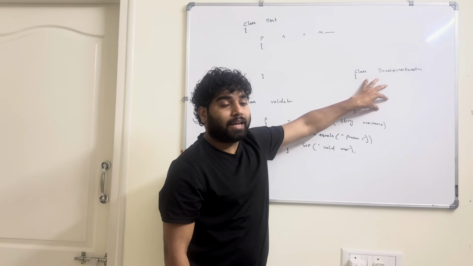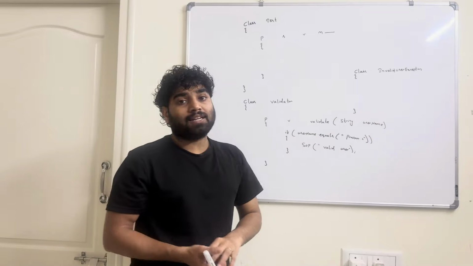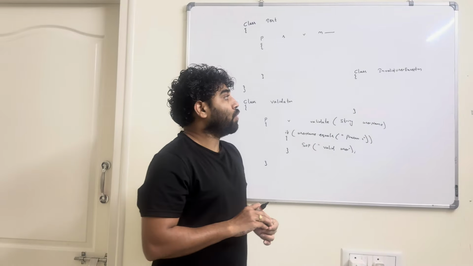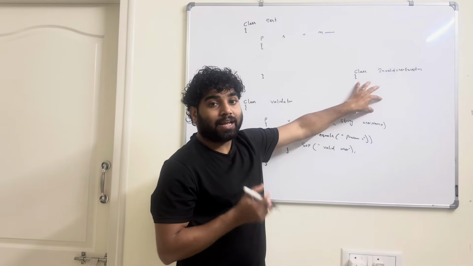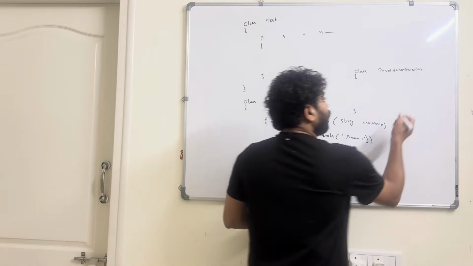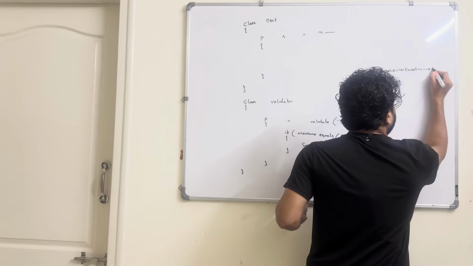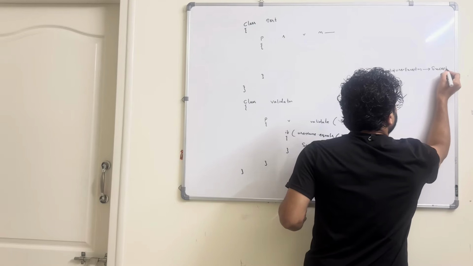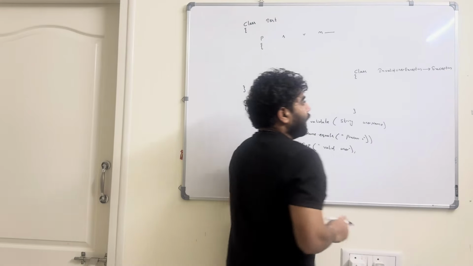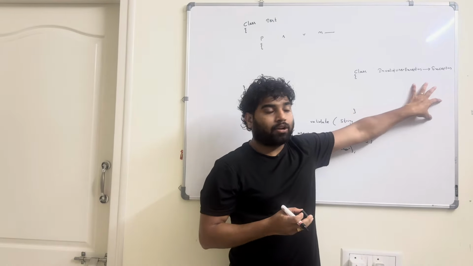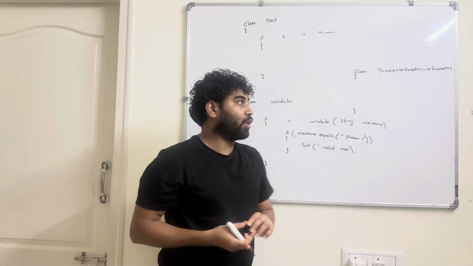Then we need to create our own custom exception class. Can I write any class and say it is an exception class? No, right? To make this class an exception class, what do we need to do? We need to extend the Exception class. Either we can extend the Exception class or the RuntimeException class.